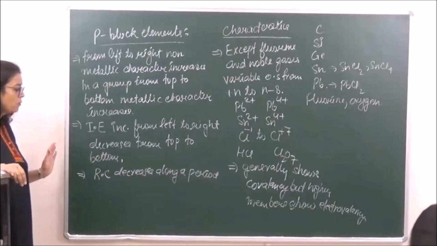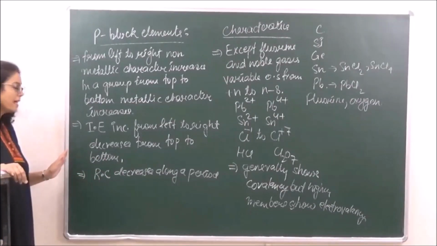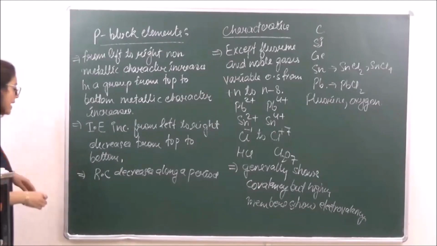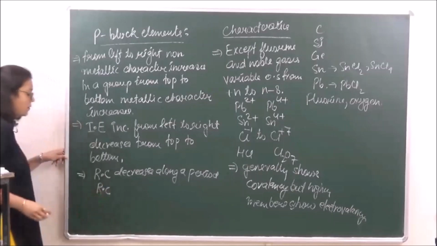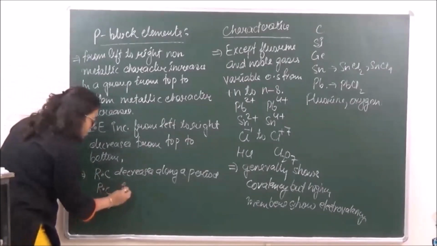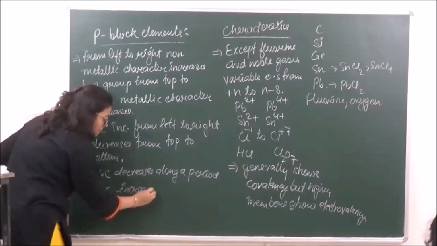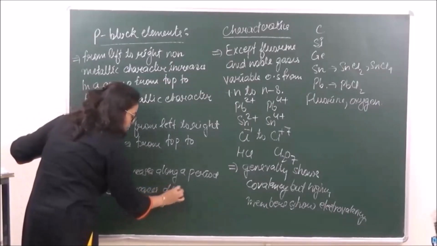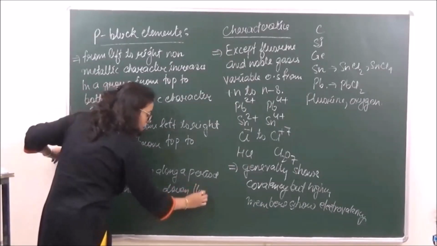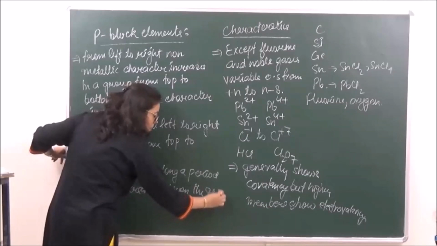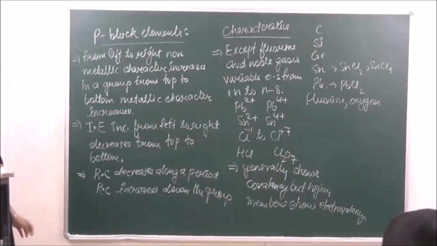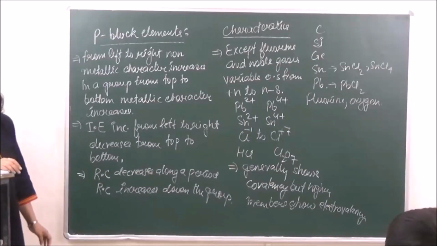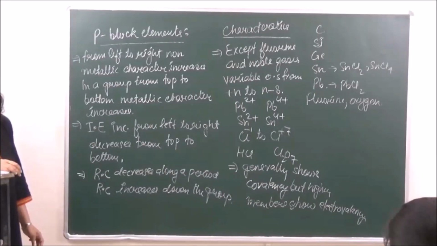So if you're traveling from left to right, the reducing character is decreasing, whereas oxidizing character increases. Or you can also put it this way, that reducing character increases down the group. So as we are going down the group, the reducing character is going to increase.